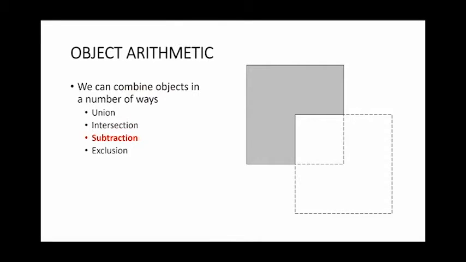Now, subtraction is an interesting arithmetic operator because it can take two forms depending on the depth of the objects. You'll see in the illustration on the right that we've got the top left square having a chunk remaining and the bottom right square is completely disappeared. And what we're insinuating with this is that the top left square is below the bottom right square. And we'll see in this illustration that what we're insinuating is that the top left square is above the bottom right square.